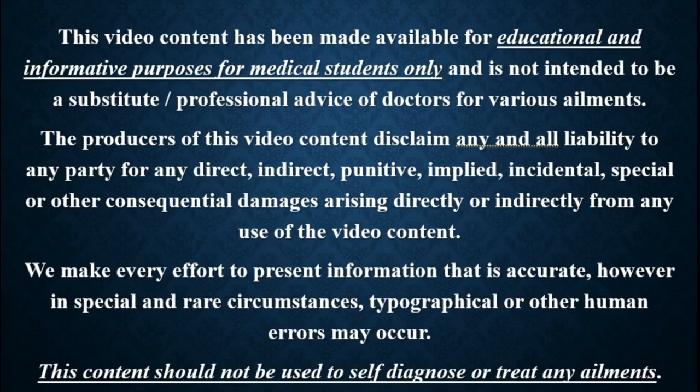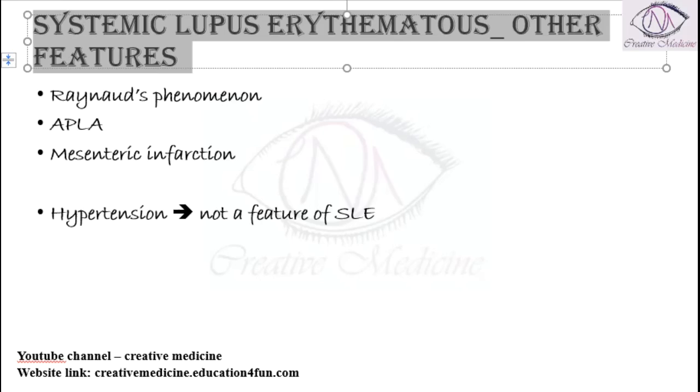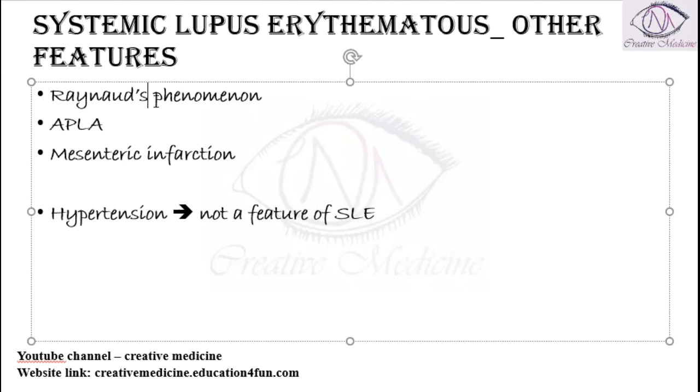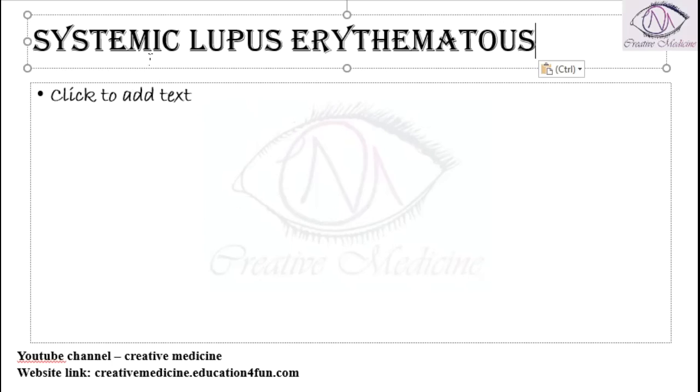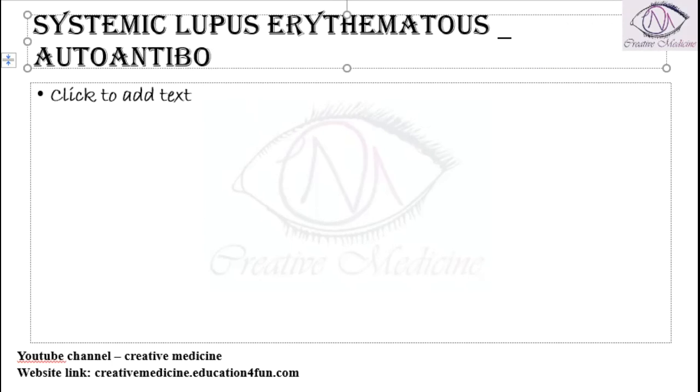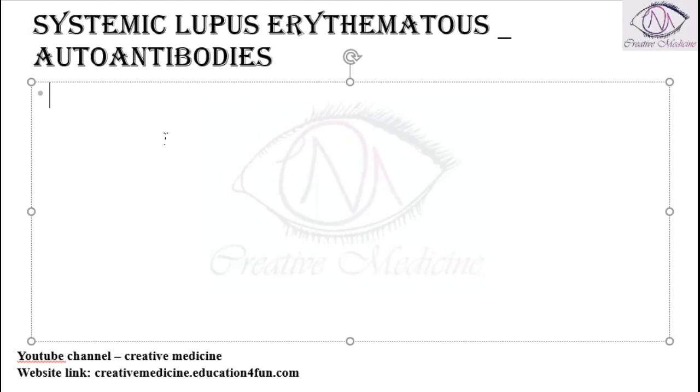In this lecture, we will learn about systemic lupus erythematosus: what are the autoantibodies? Autoantibodies in systemic lupus erythematosus, we have many. First, anti-nuclear antibodies.